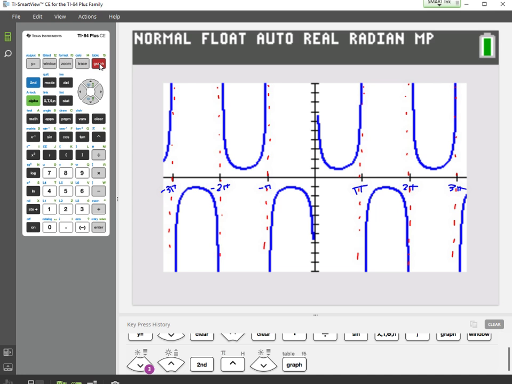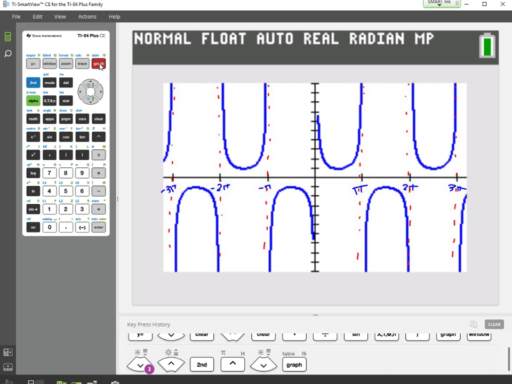Zero. Oh, you got it. But I don't know how. The range is going to be different than that.